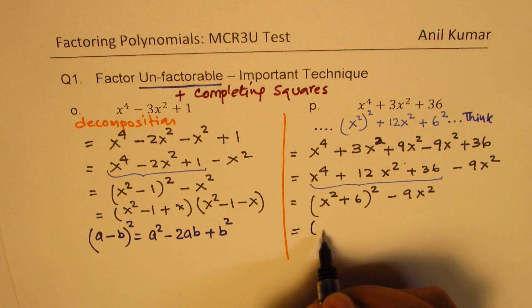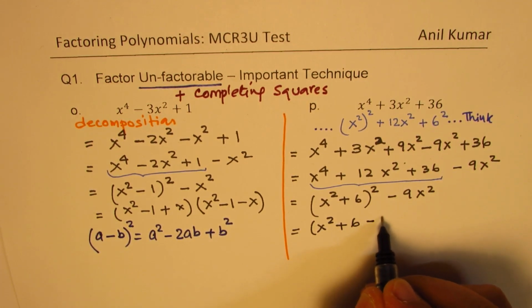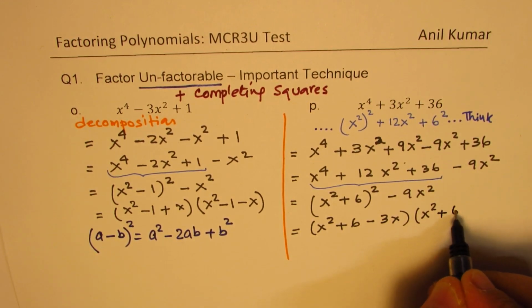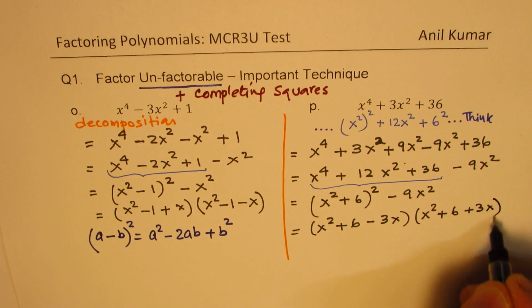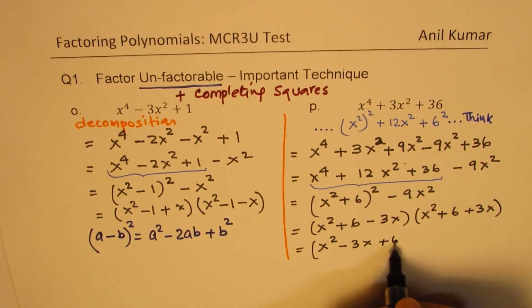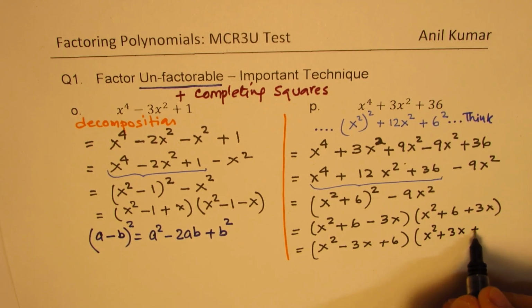Now this can be factored and we could write this as x squared plus 6 minus 3x times x squared plus 6 plus 3x. Does that make sense? It is better to write them in proper order, so I'll change the order this time. It should become x squared minus 3x plus 6 times x squared plus 3x plus 6.